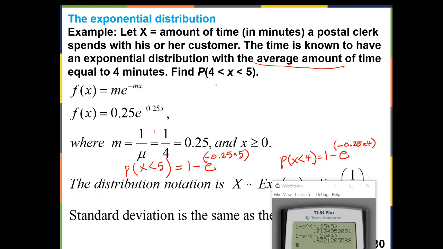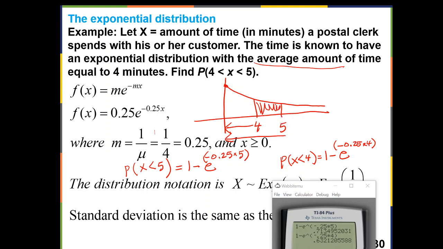And now, what we want is the area starting from here and going this way. So this is 4 and this is 5. We want to find the area to the left of 5 and the area to the left of 4 and subtract them to get what? To get this.